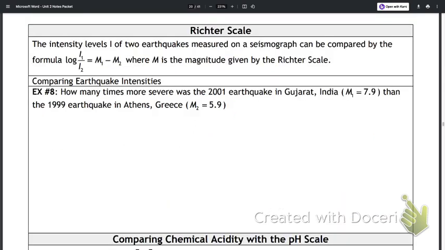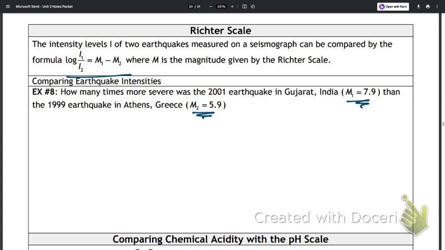All right, on this next problem, this is the word problem. The intensity levels of 2 earthquakes measured on a seismograph can be compared by this formula right here, where M is the magnitude given by the Richter scale. How many times more severe was the 2001 earthquake in India that had a magnitude of 7.9 than the 99 earthquake in Athens, Greece, that had a magnitude of 5.9?